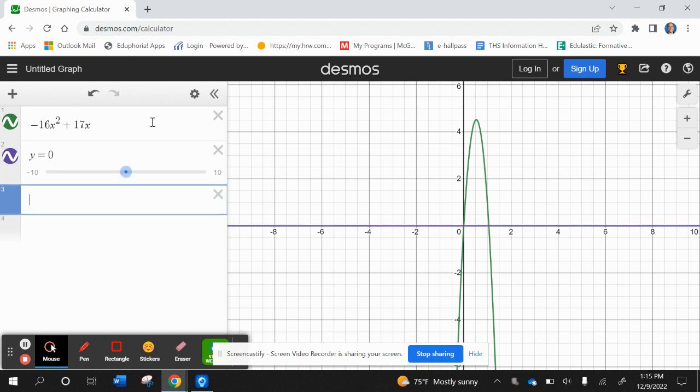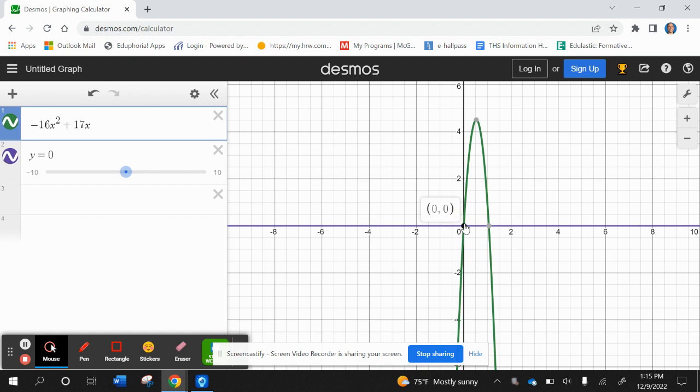So the shark jumps out of the water here at 0. It gets to the height at 0.53, 4.51, and then it lands in the water at 1.1. Oh, I'm sorry, to the nearest tenth, so 1 decimal place.